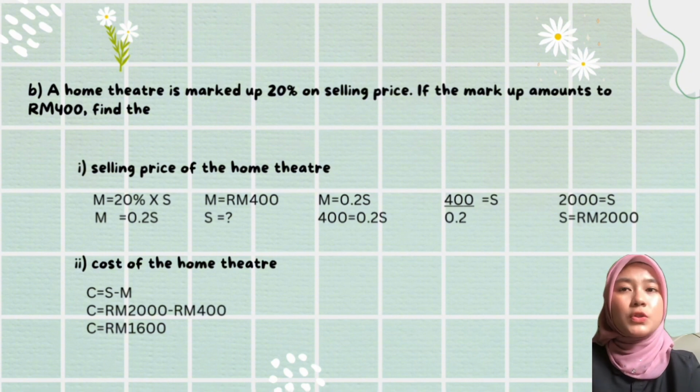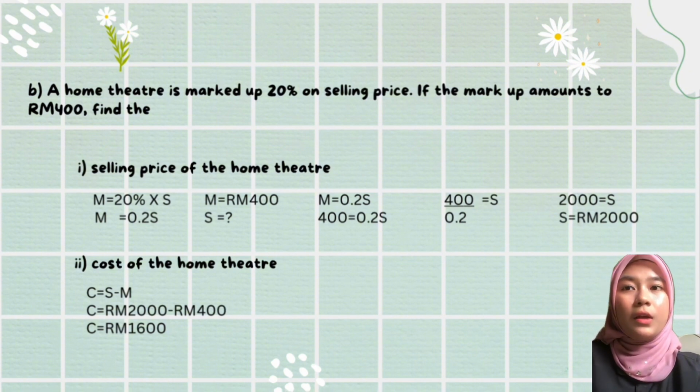For question B, a home theater is marked up 20% on selling price. If the markup amounts to 400 ringgit, find, first, the selling price of the home theater. M is equal to 20% multiplied with S, and it will be M equal to 0.2S. M is equal to 400 ringgit, and S is the unknown.